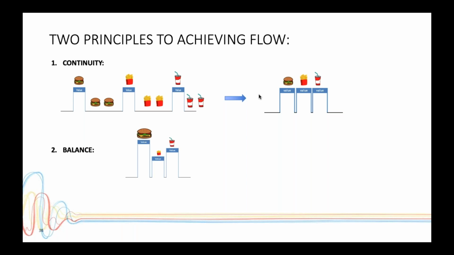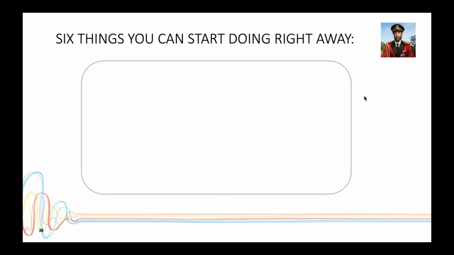And then balance, which is to even out the workloads by either changing the work or changing the people or changing the time devoted to it. And so you get that sort of approach. And if you aim your process design at both continuity and balance, you will be in a much better place in terms of a lean operation. And people will be less overburdened and much happier.